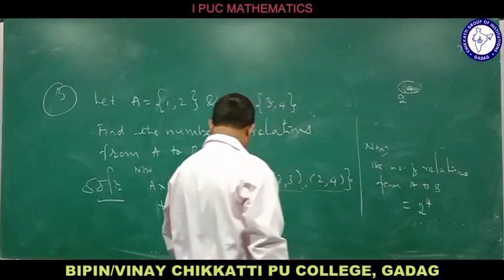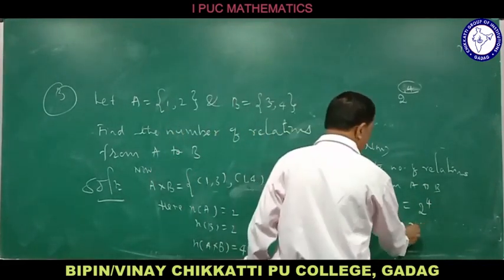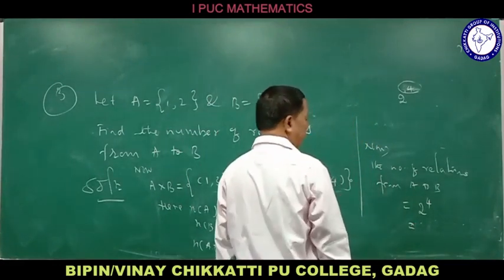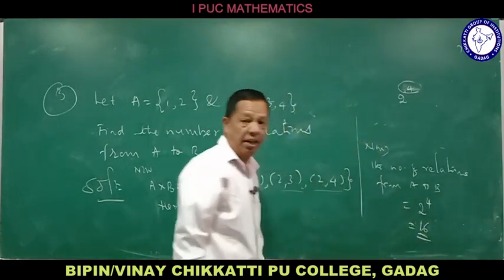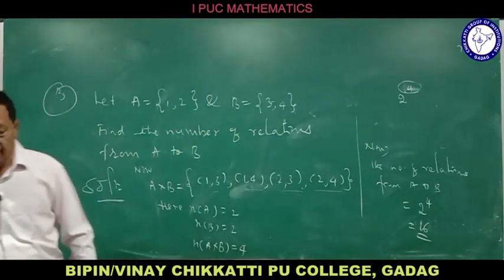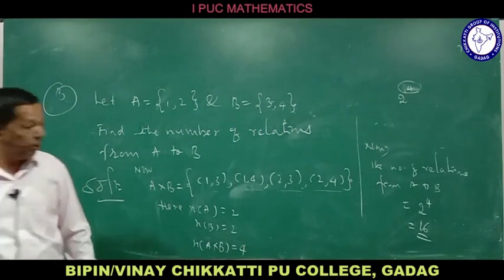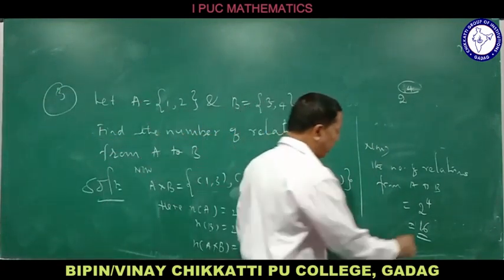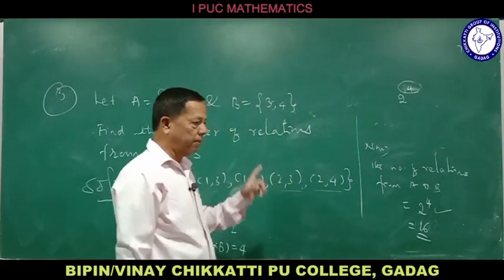You got this 2 raised to 4 from the number of elements in the Cartesian product. 2 raised to 4 is 16. So there are 16 relations from set A to set B. Even if you keep the answer in the form 2 raised to 4, it is okay. The number of subsets is nothing but the number of relations.